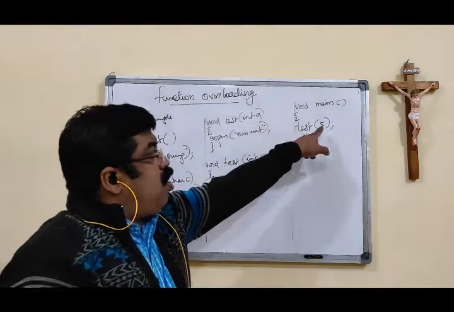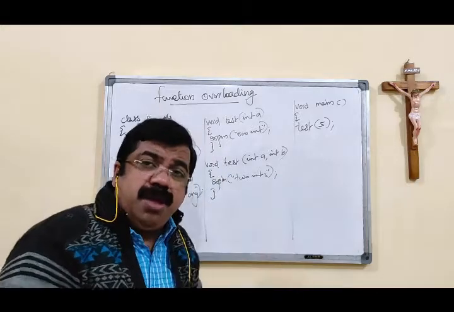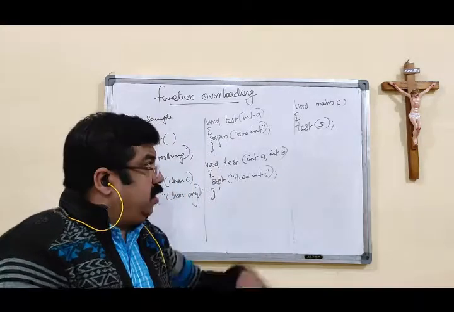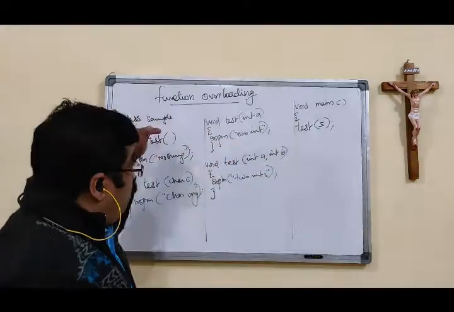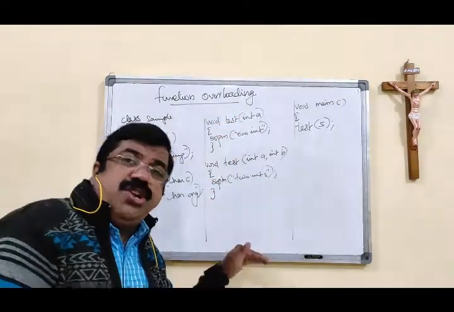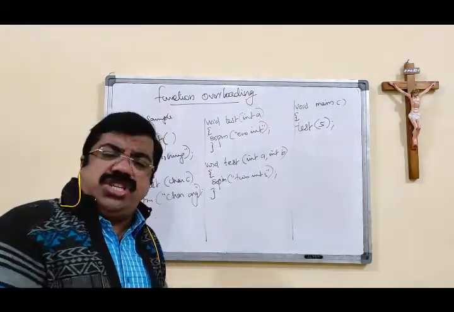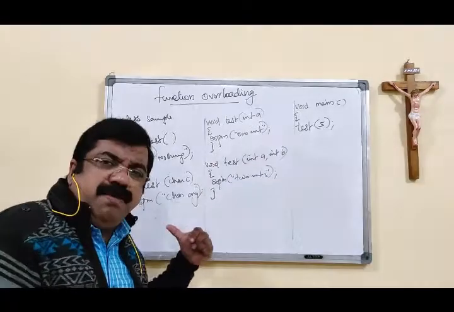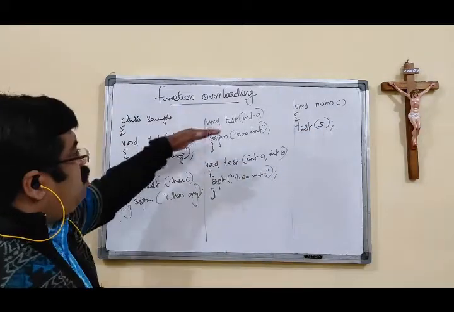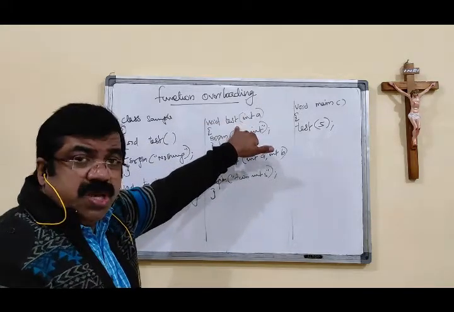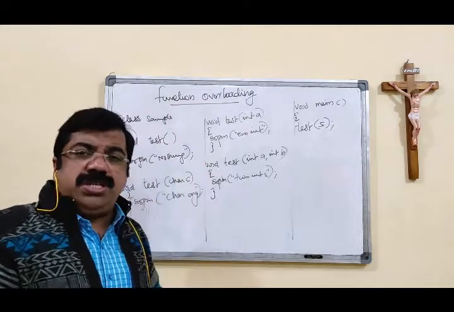Depending on the argument given, it will go for a matching process. Here it has got an integer value. From the list of function definitions, it will try to find an appropriate function having the same signature. Is there any one having the same, equal one? Yes. This function will be automatically executed.